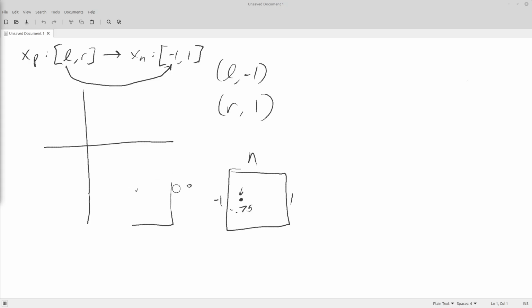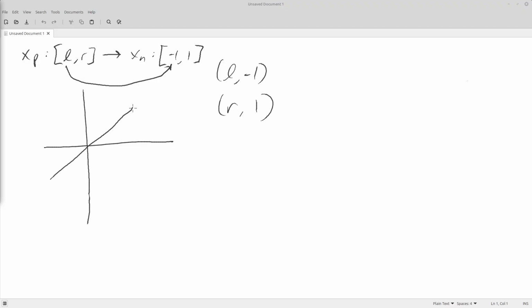So all that is a linear relationship, which means we would have a line that looks something like this, where the vertical axis is x of n, which is positive 1 down to negative 1, and then the horizontal axis is x of p, where over here is L and over here is R. It's a line, right?